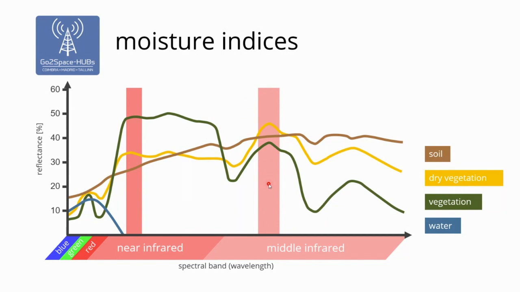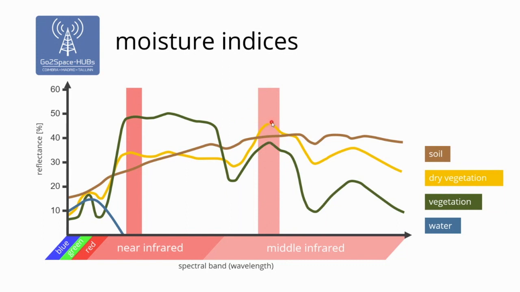The more moist the object is, the darker it will be, because the water in the object absorbs this band of the radiation. So as you can see here, dry vegetation will be brighter, will reflect more than the healthier vegetation, which will probably be more moist than this dry one.